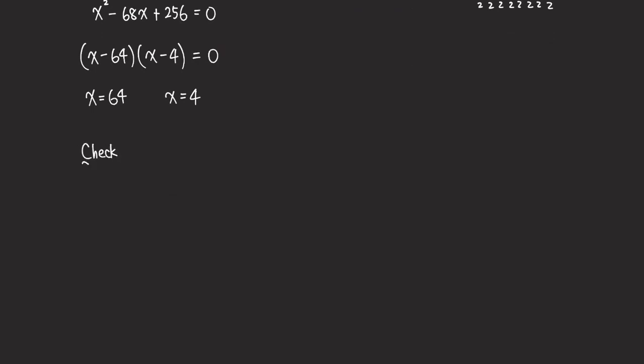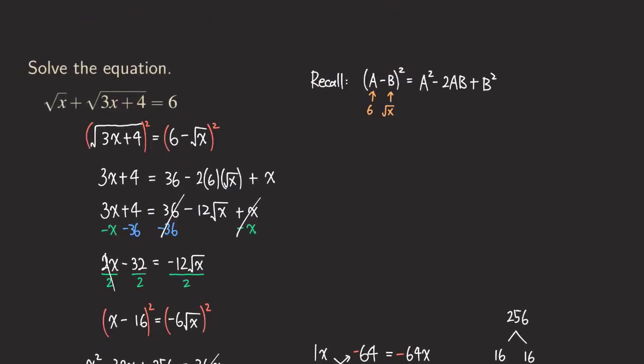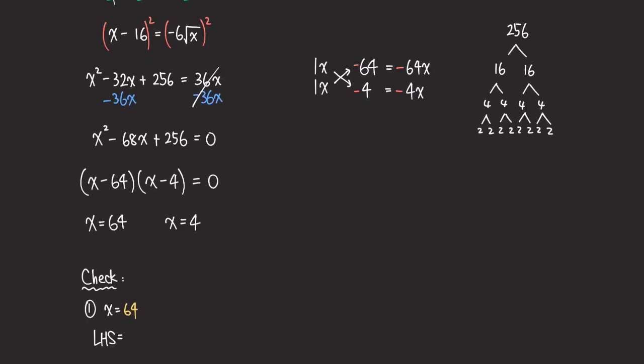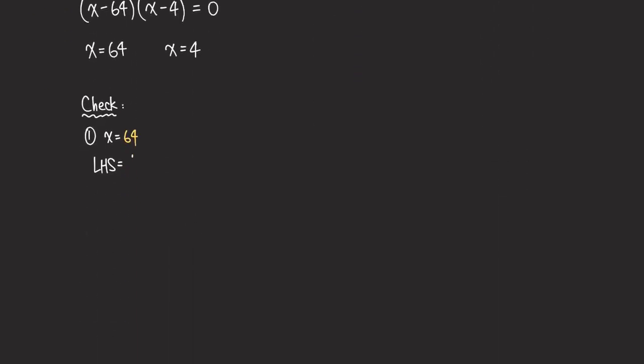So the first check is when x is equal to 64. Let's do the checking and see what's going on. The left-hand side is equal to, I don't even remember what the equation is. It's square root of x plus square root of 3x plus 4. Okay, so that is the left-hand side of the equation.